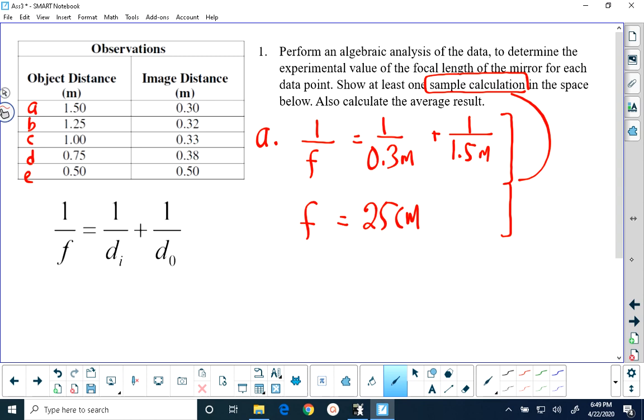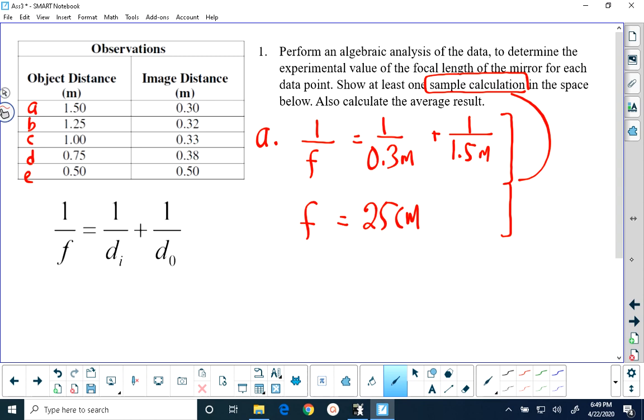So I'm not going to do all that for you here. You would repeat the calculation 4 more times. On the assignment, there's a data table where you can record the 5 focal lengths, and then I also ask you to calculate the average of those 5 numbers at the end.